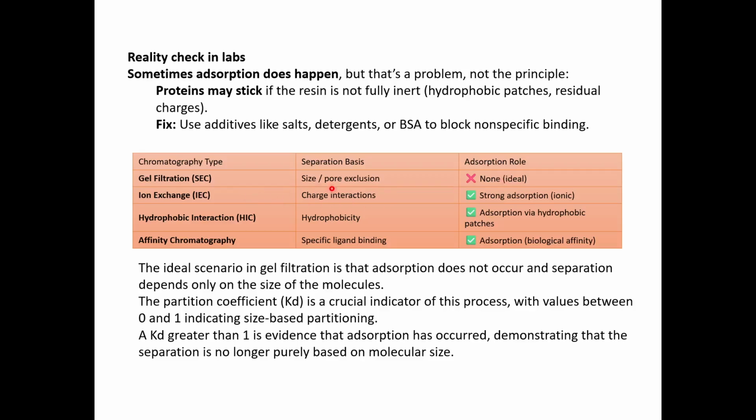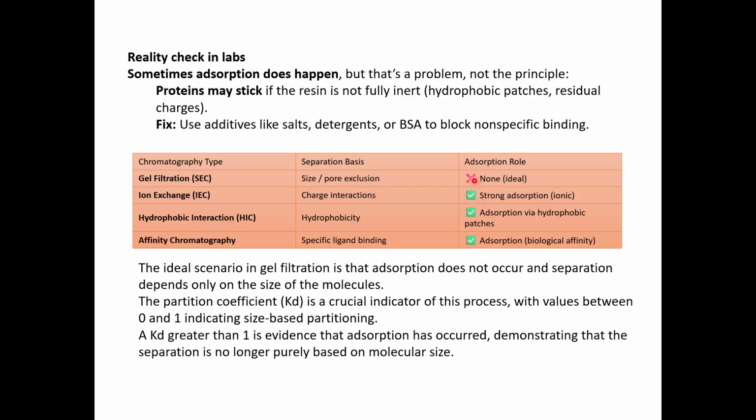In case of ion exchange, since it is charge based interaction, you should have strong adsorption, otherwise your chromatography will not function. In case of HIC also, it is based on hydrophobic interactions, so here also we need hydrophobic adsorption in the patches. And in case of affinity, it's based on ligand specific binding, so you definitely need adsorption.